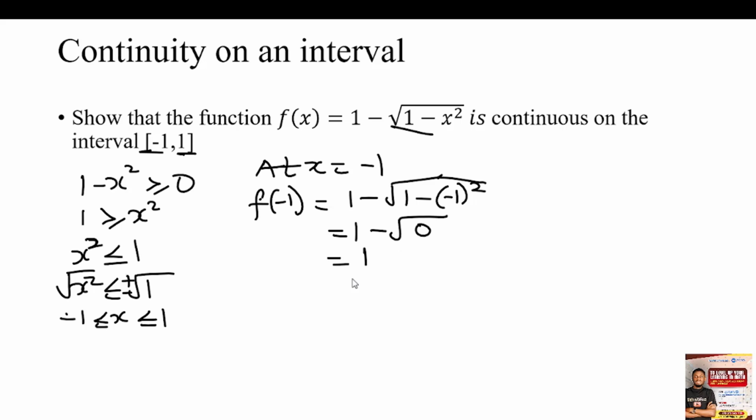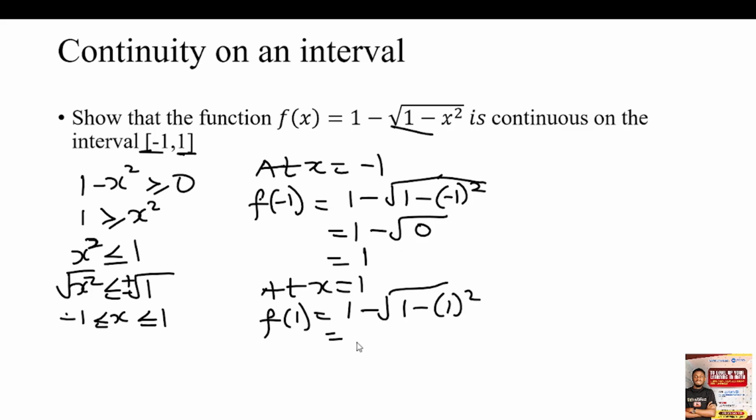Now we check also at x equals positive 1, or we check from the left as the function approaches from that side. So we substitute f of 1, and we have 1 minus root of 1 minus 1 squared. This gives us the same answer as 1 minus root of 0, which is equal to 1.